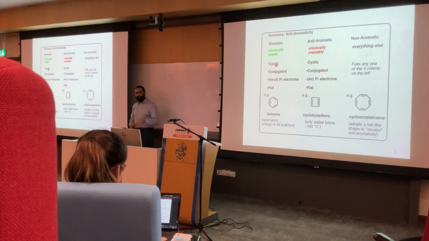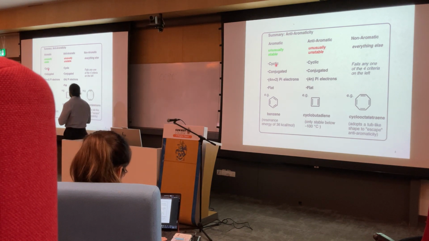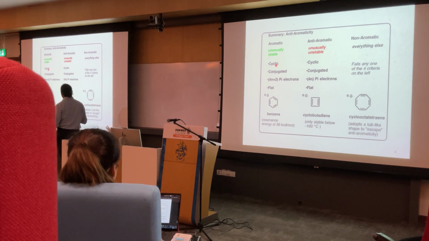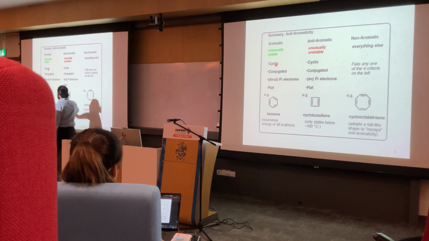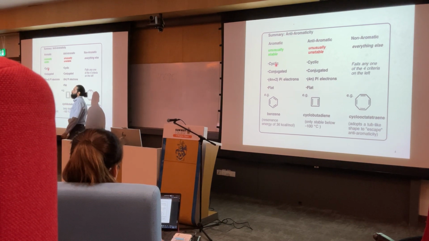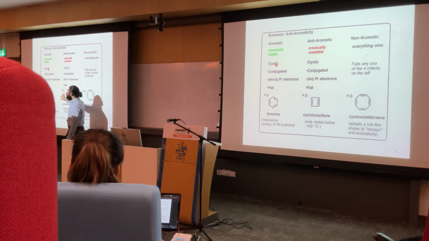The reverse of it is anti-aromatic compound. These are unusually unstable. They will still be cyclic, they will still be conjugated, but instead of Huckel number, they will follow this number, which is 4n pi electrons. So here we have 4n plus 2 as Huckel number. This is just 4n. For example, this molecule fits the bill completely for an aromatic compound except for Huckel number.